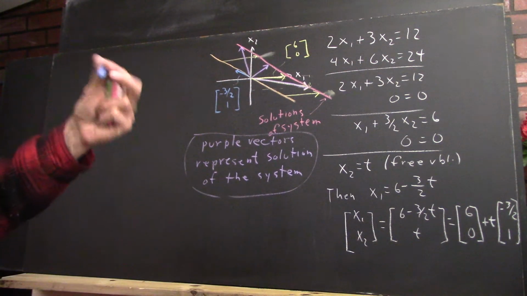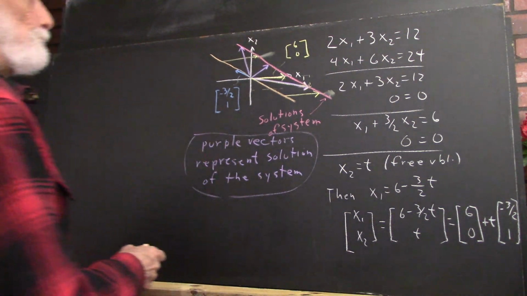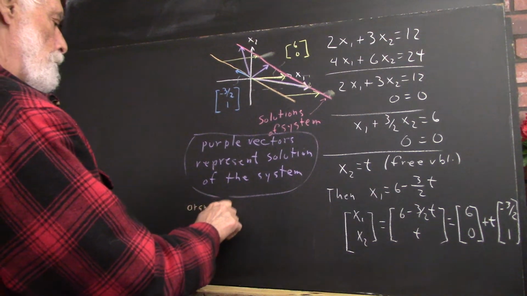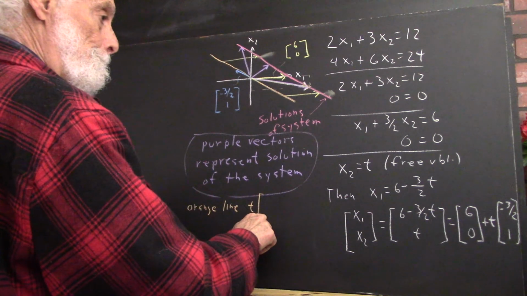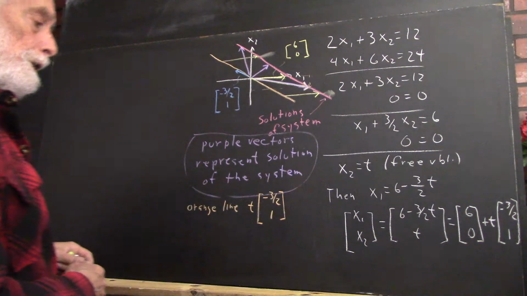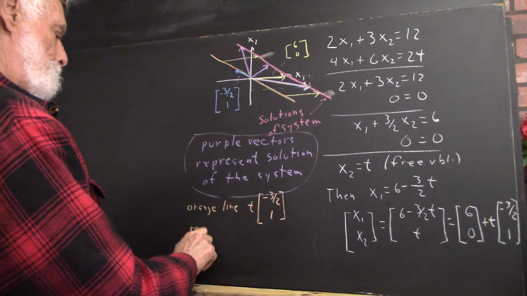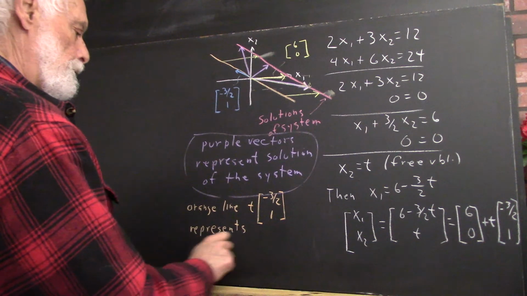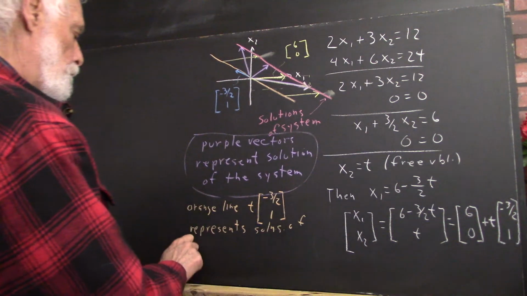Dropped a critical piece of chalk. This is down to a pretty short piece. Okay, the orange line, which is just t times negative 3/2 1 for all values of t, represents solutions of the homogeneous system.